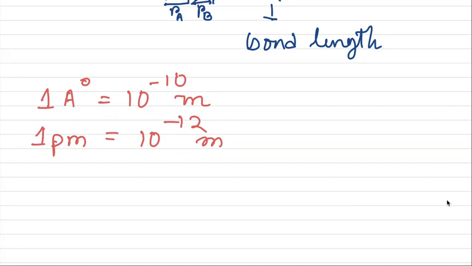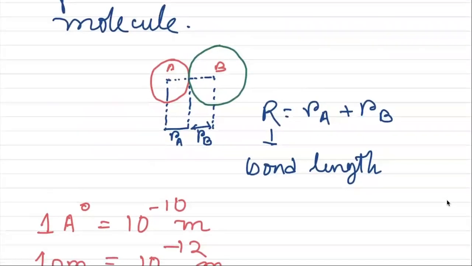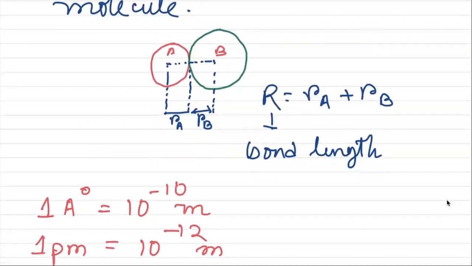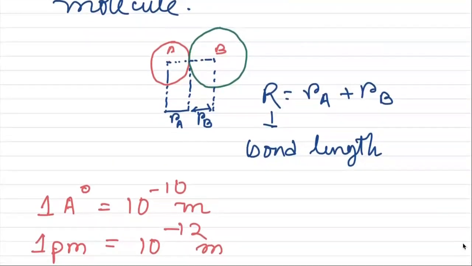So bond length is usually expressed in angstrom or picometer. This is the bond length expressed in terms of covalent radii.